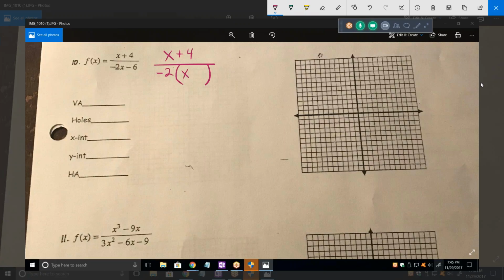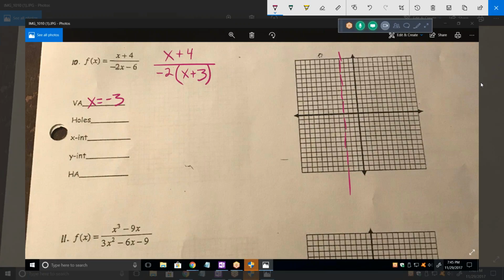What's the rest of it? X plus 3. Okay. Now it's easier to tell where the vertical asymptote is. So it'd be -3. And that's it. X equal -3. It's the only thing that makes the denominator 0.